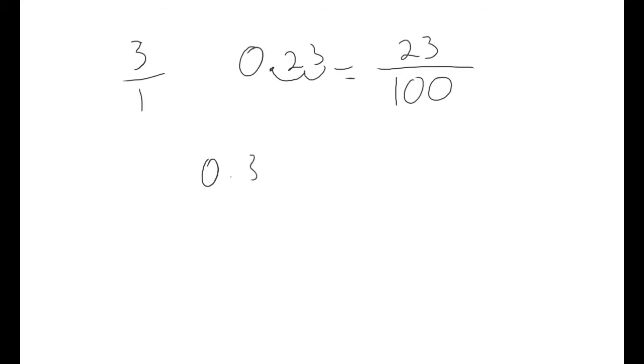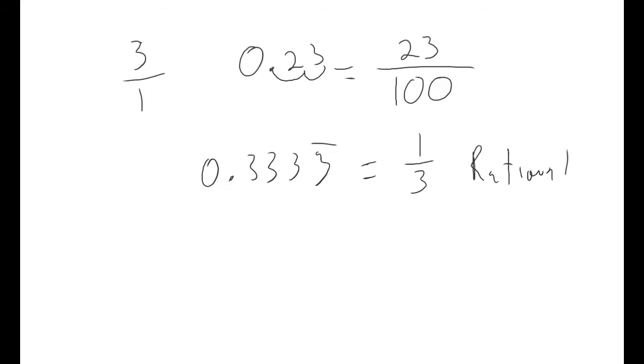Because 0.3333, and I put a bar over means repeating, has a fraction that's associated to it, which is 1/3, which is still rational. Now, this guy is only rational, right? Because it is a decimal.